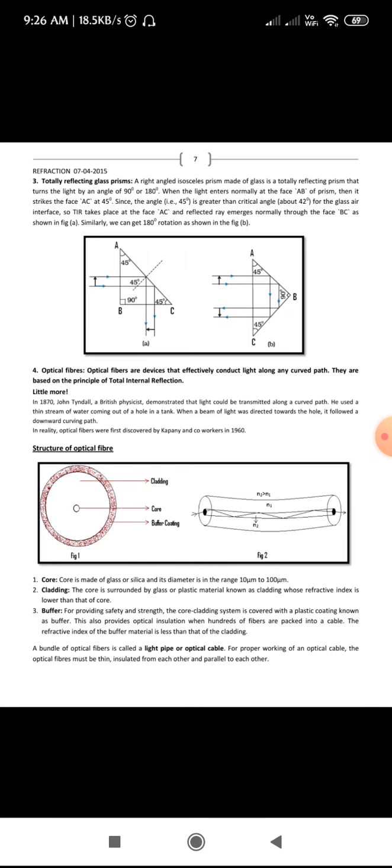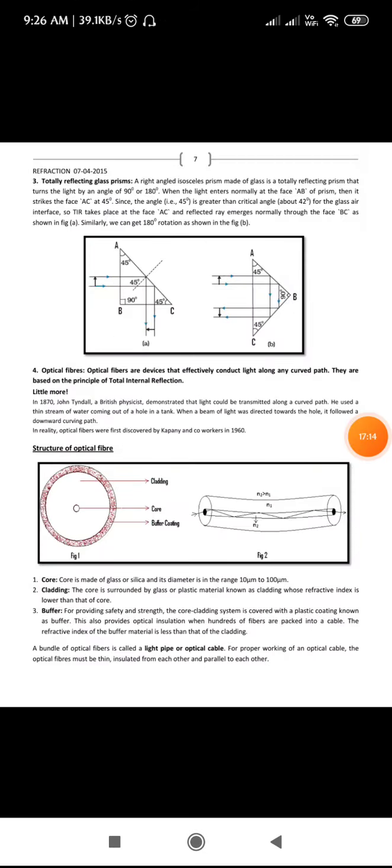When the light enters normally at the face AB of the prism, it strikes the face AC at 45 degree. Since the angle 45 degree is greater than the critical angle, that is about 42 degree for the glass-air interface, TIR takes place at the face AC and the reflected ray emerges normally through the face BC as shown in the figure. Similarly, we can get 180 degree rotation as shown in figure B.